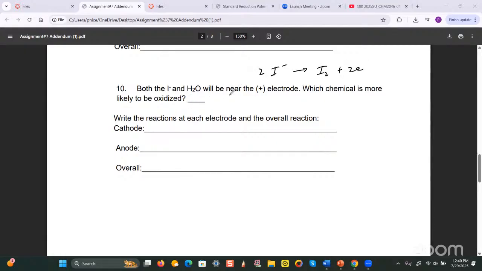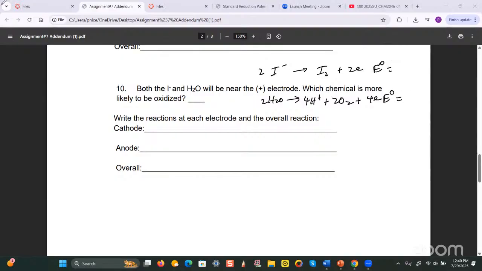And in the case of water, it's the same as before. Let me do it here. H2O oxidized to form 4H plus, 2O2 plus 4 electrons, right?